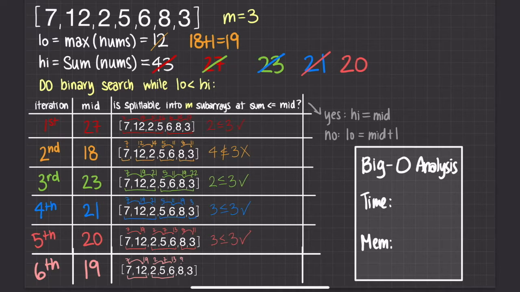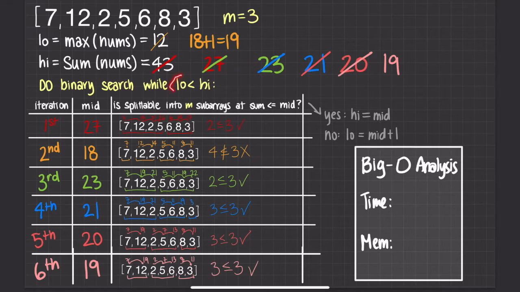Here, we start with 8, move forward, gives us 11, that's 3 subarrays. 3 less than or equal to 3, meaning that yes, we can indeed split our subarray so that the max sum is 19. So we update our high value to be equal to our mid.